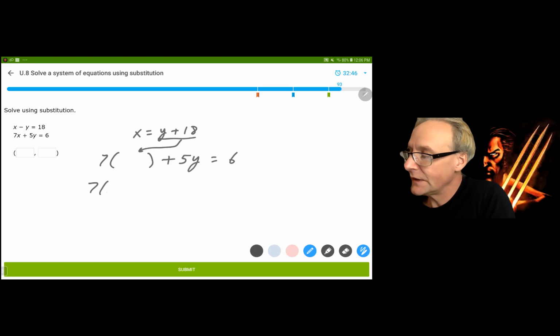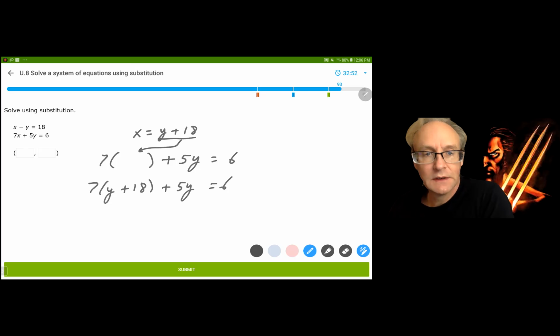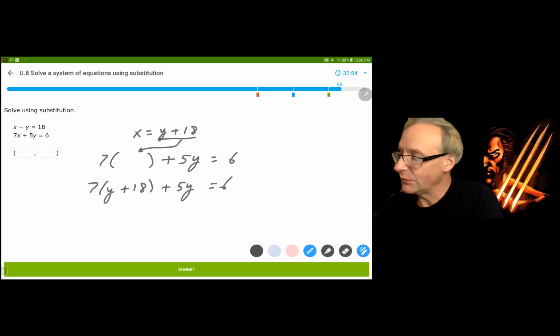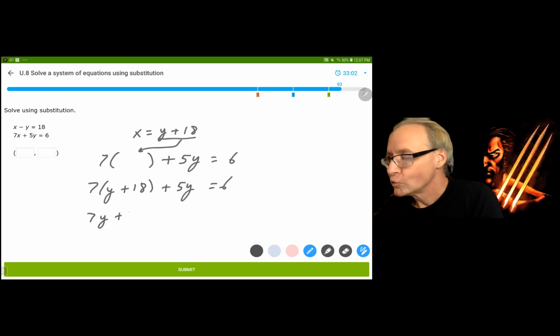So I have 7 times y plus 18 plus 5y equals 6. We're going to distribute that 7 to both parts. That's 7y plus 7 times 18 is 126. 7 times 8 is 56. And 70 makes 126, doesn't it?